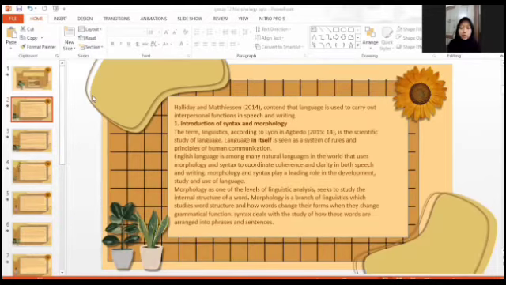Morphology, as one of the levels of linguistic analysis, seeks to study the internal structure of a word. Morphology is the branch of linguistics which studies word structure and how words change their form when they change grammatical function. Syntax deals with the study of how these words are arranged into phrases and sentences. Next slide.